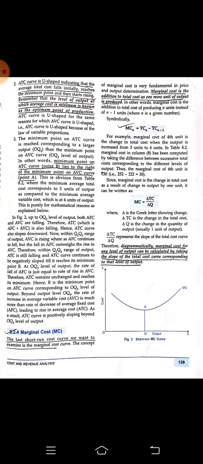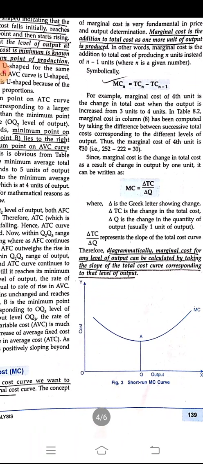As output increases, the marginal cost curve slopes downward up to point Q. You can see it is coming downward to point A, reaches the minimum at point A, and then starts sloping upward. It is important to note that total cost can be computed as the sum total of marginal cost of various units of output.